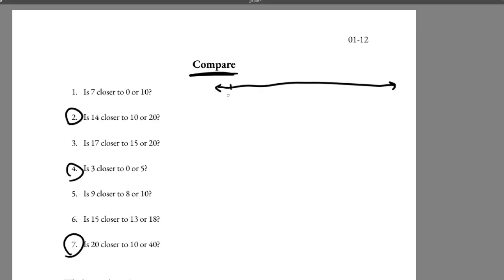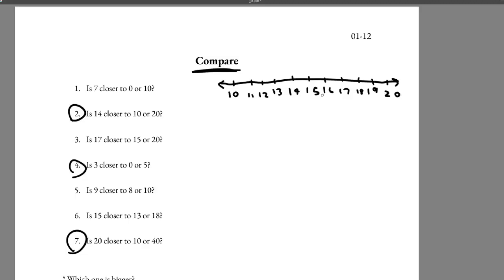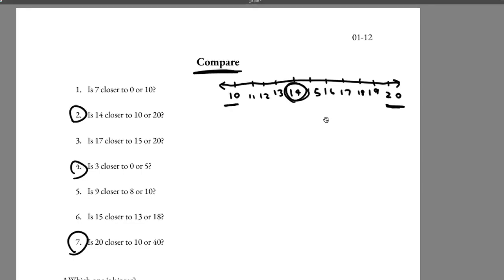So we can set the endpoints as 10 and 20, and then just make the specified increments in between. So this is 11, this is 12, 13, 14, 15, 16, 17, 18, 19. Now our number 14 is here, and these are the endpoints, and we can clearly see 14 is definitely closer to 10 than it is to 20.